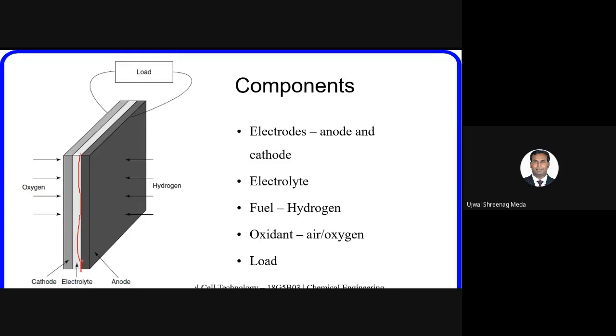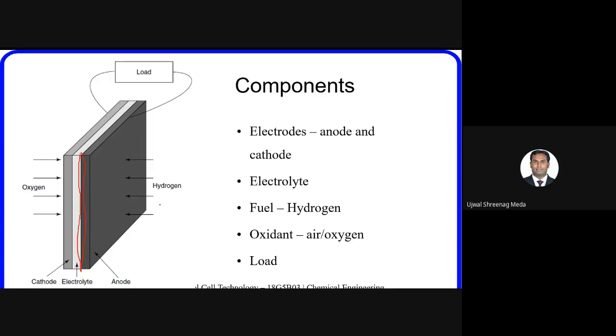It is between the electrode and electrolyte. Looking at this diagram, on one end of the electrode the fuel, hydrogen, is supplied. On the other side of the electrode, electrolyte is available. It is necessary for the fuel to find its way through the electrode and reach the electrode-electrolyte interface on the other side.